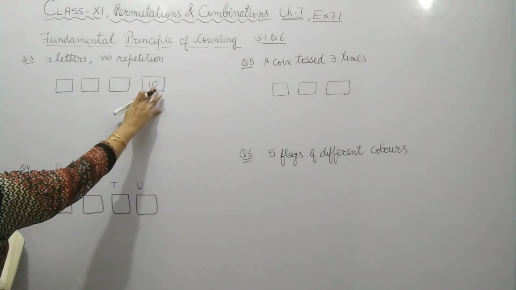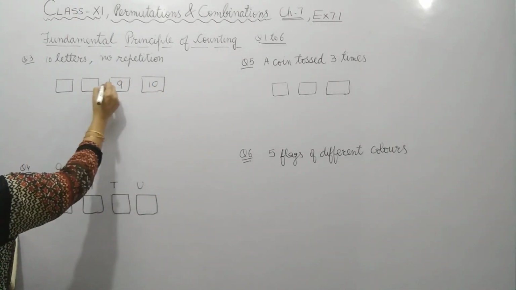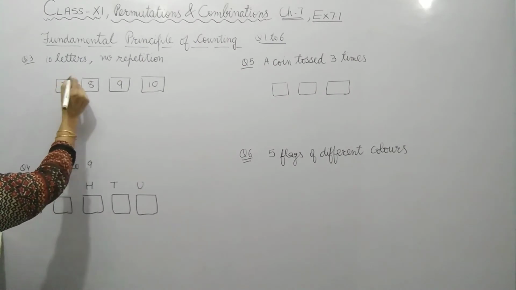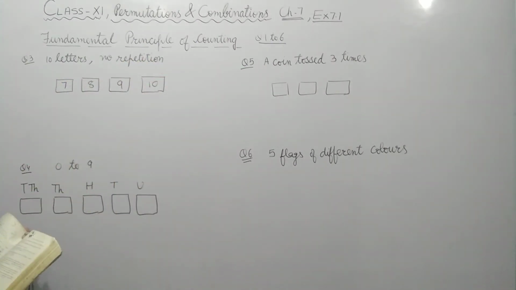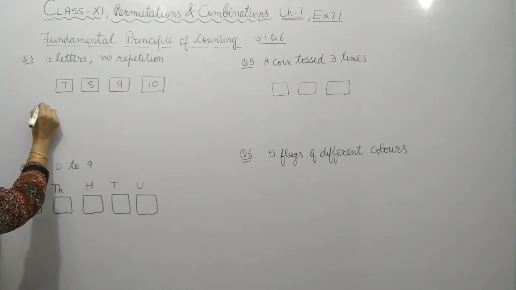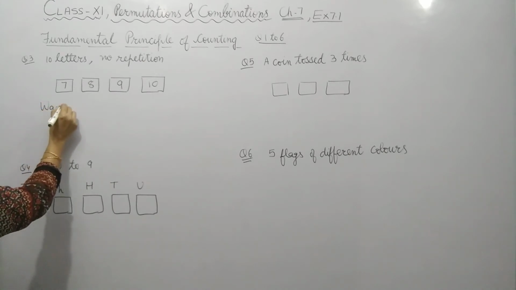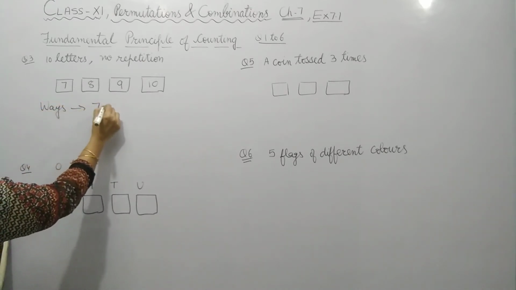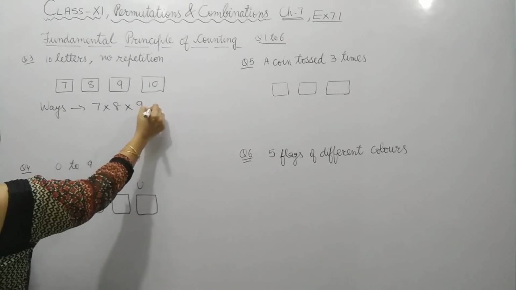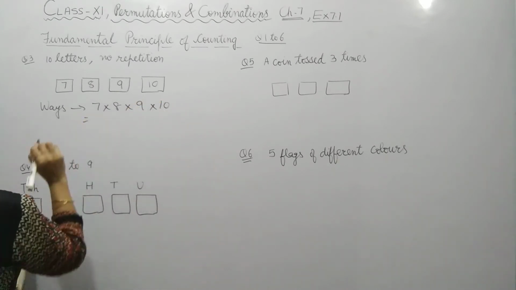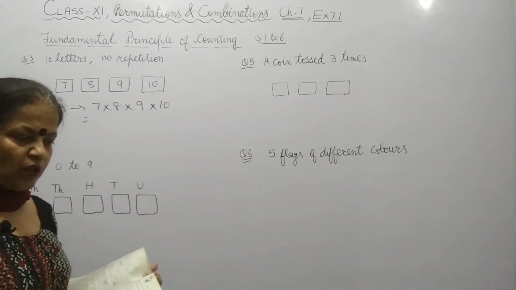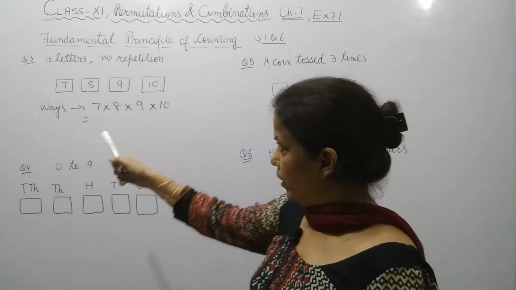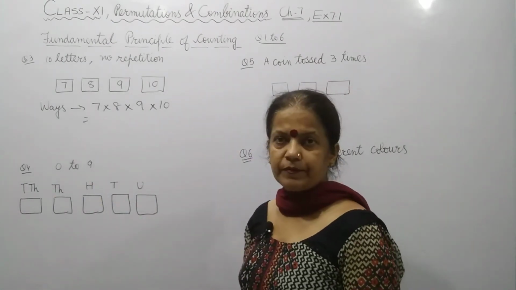So at this place 10, then 9, 8 and 7, since the repetition is not allowed. So what will be the total ways? Total ways will be 7 multiply 8 multiply 9 multiply 10. Okay, so according to the fundamental principle of counting, you will get the answer.